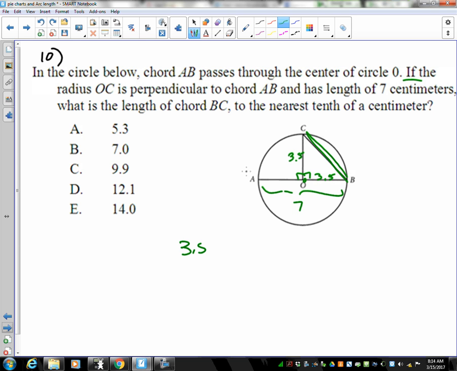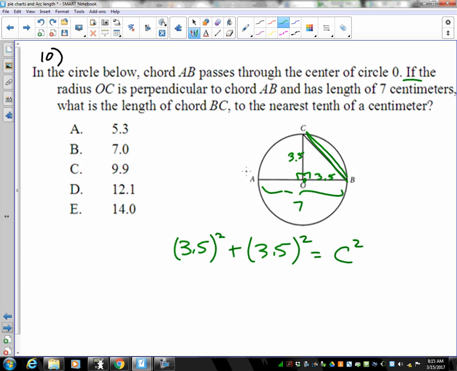So we can do 3.5 squared plus 3.5 squared. Now, if you know your 45-45-90s right here, you should know that the length of that hypotenuse is going to be 3.5 times square root of 2. Of course, you don't really have to know that to answer this question. Let's just do it this way by the Pythagorean theorem.